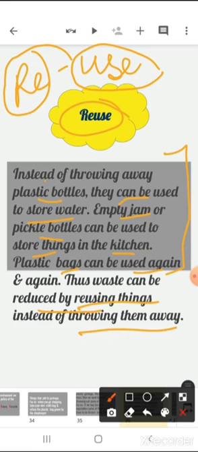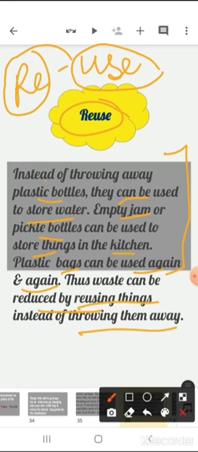After this video, go to the kitchen and see how your mother has organized it in such a good way, using plastic bottles and empty jam and pickle bottles to store things, right? Plastic bags can also be used again and again.